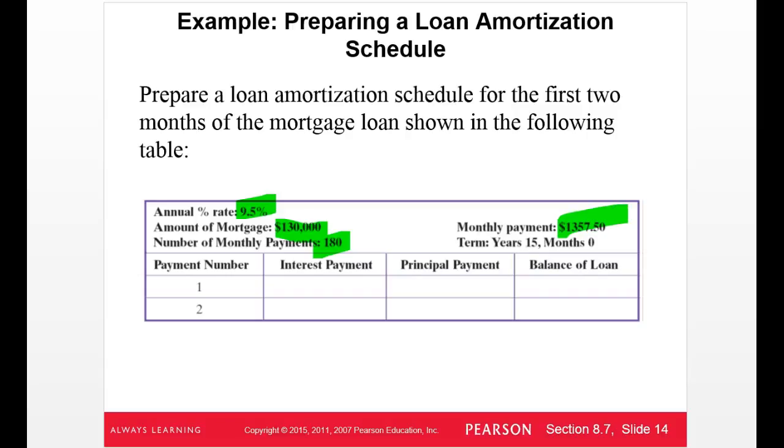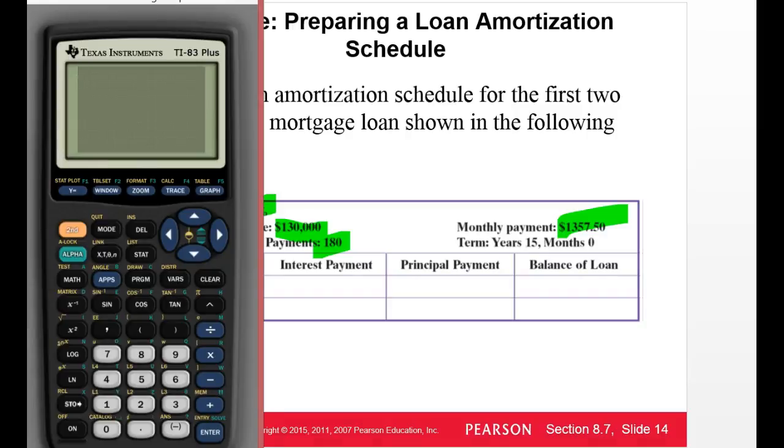So let's look at our first payment: how much of it is going to go to interest, and how much of it is going to go to principal. First of all, we've got this 9.5% as a decimal, so 0.095, and I'm going to divide that by 12 because that's monthly. So 0.095 is yearly, divided by 12 is monthly. That's like the R over N that we keep seeing.